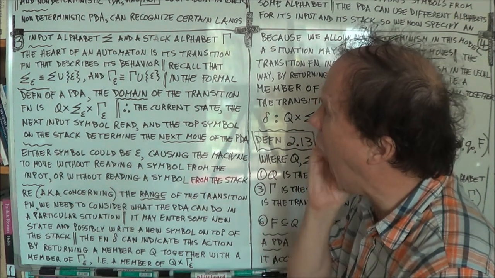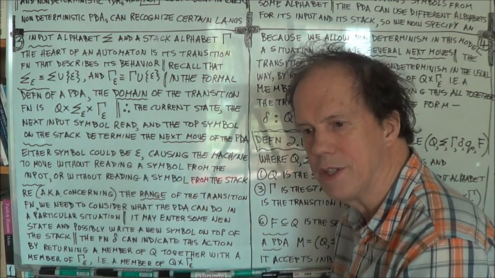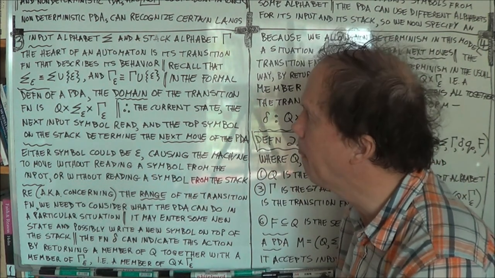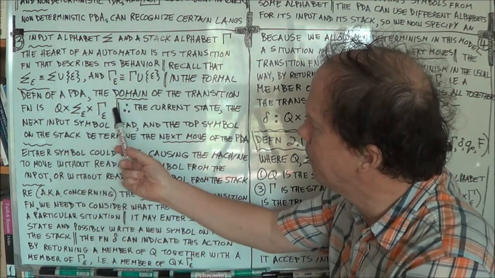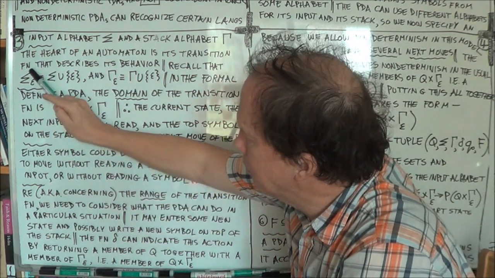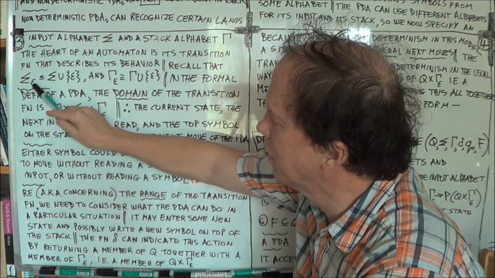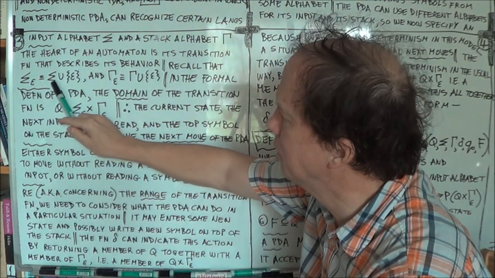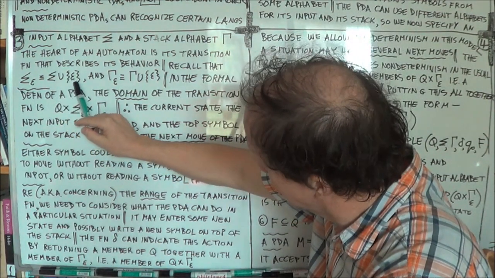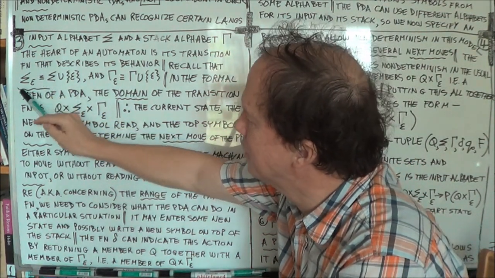Now, before moving on to the transition function of a PDA, a bit of a reminder. We've seen this before: you just add the empty string, epsilon, to this alphabet.